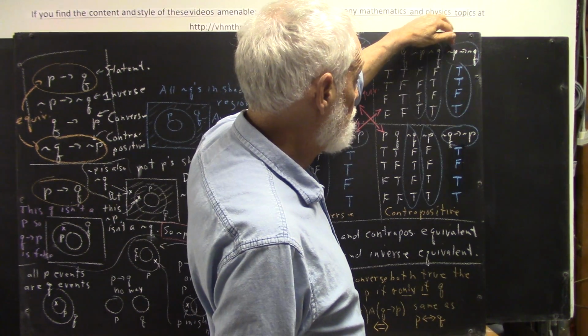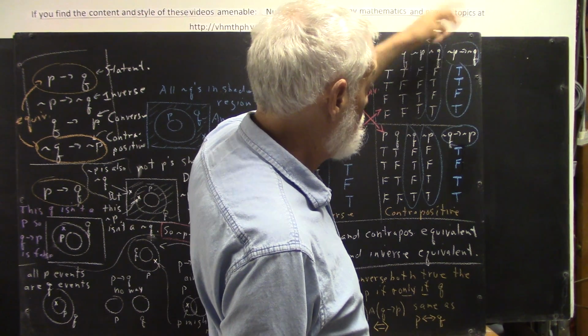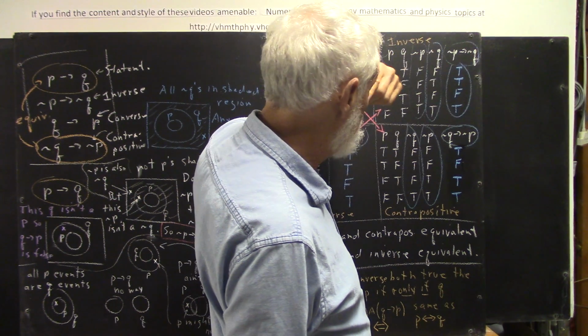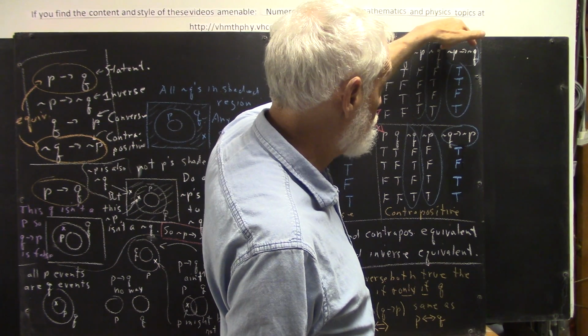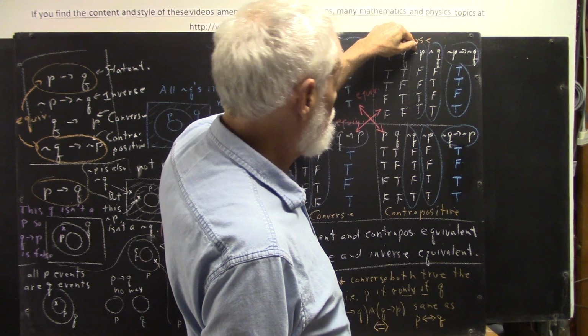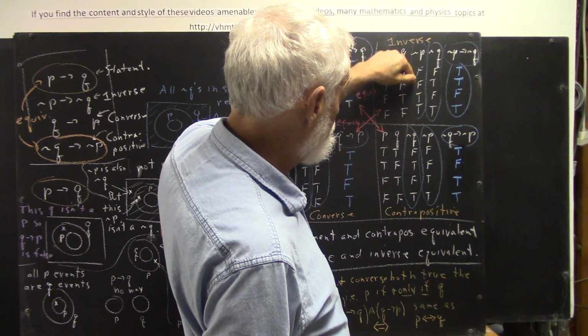And then we ask ourselves, what do we need in order to evaluate this statement? Well, we need a column for not P and we need a column for not Q. If we have columns for both not P and not Q, then we can just look at those columns and evaluate the statement.